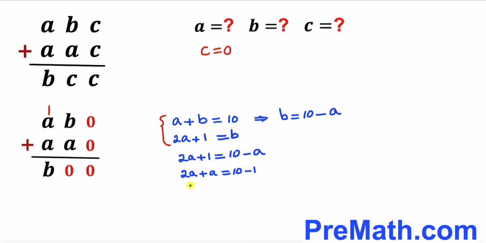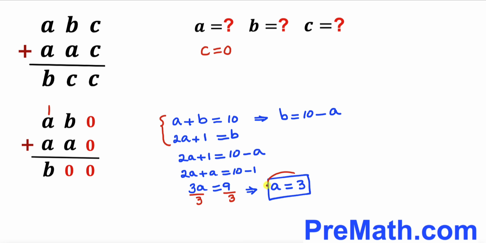Simplifying, we get 3A equals 9. Dividing both sides by 3 to isolate A, our A value turns out to be equal to 3.